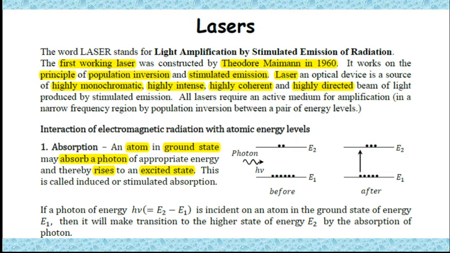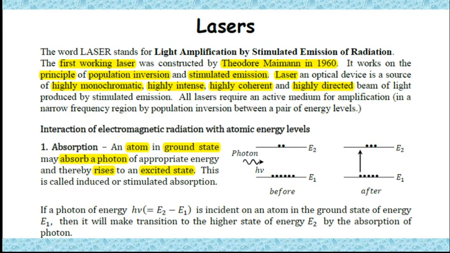So we are now studying the interaction of electromagnetic radiation with atomic energy levels. When electromagnetic radiation falls on the atomic energy levels, there will be an interaction between the atoms of the atomic energy level and the incident electromagnetic radiation.